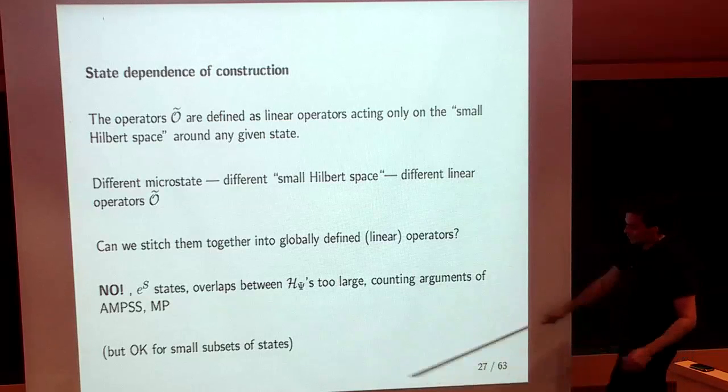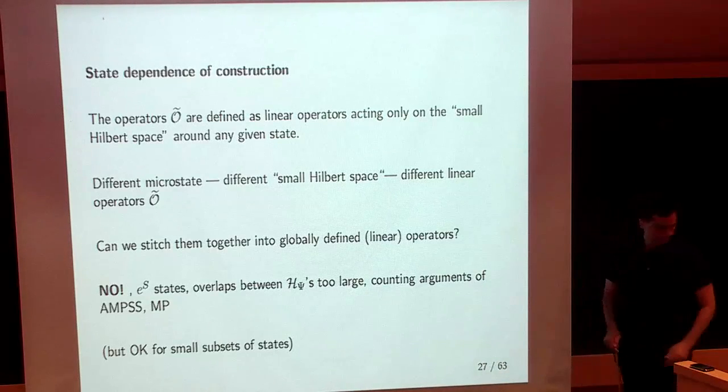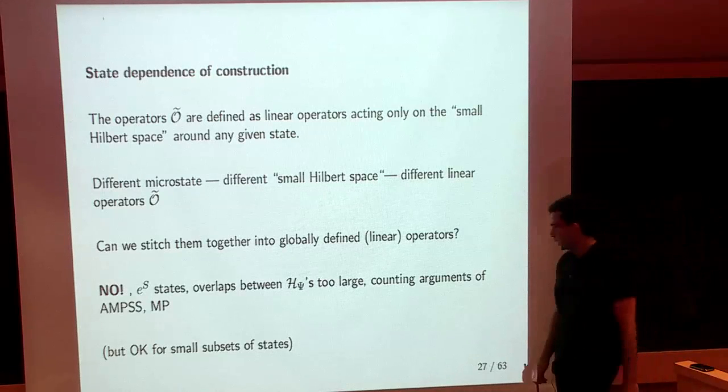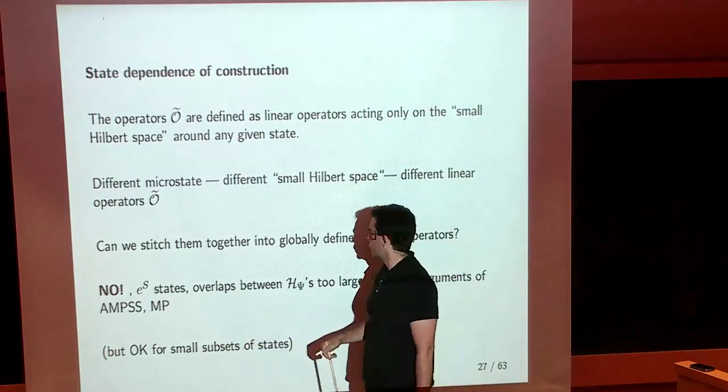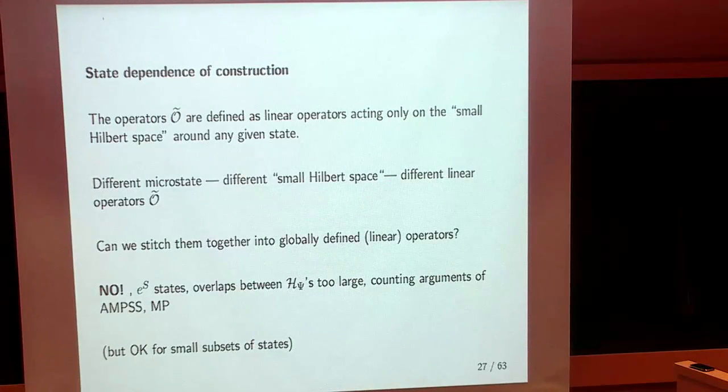However, it is okay to do it if you have a small subset of states. So what does okay mean? Suppose you have two different black hole microstates, psi 1 and psi 2. Just to avoid some technical complications, let me take psi 1 and psi 2 to be typical uncorrelated states.